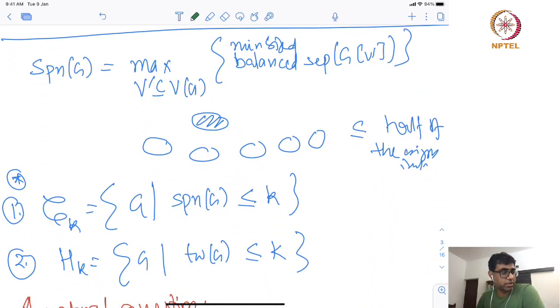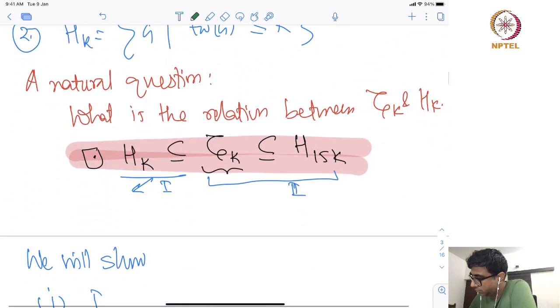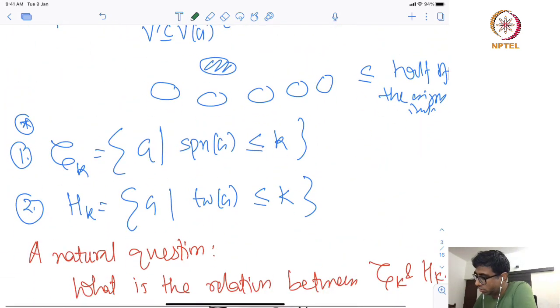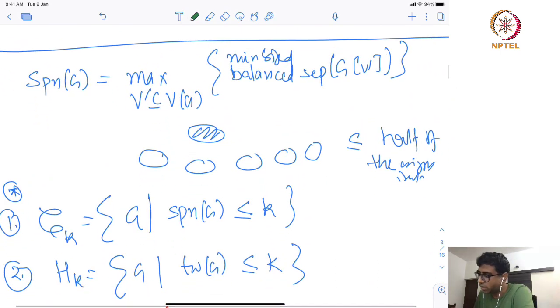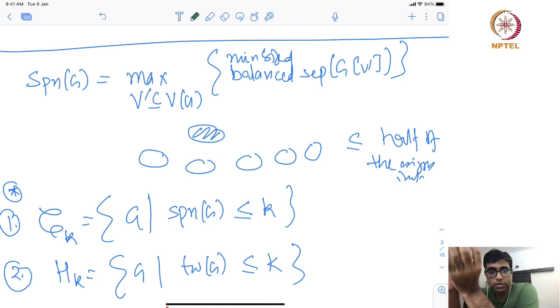The separation number of a graph being at most k means that if I give you any induced subgraph of G, then I can find a vertex set of size k whose deletion leaves every connected component with size at most half of the original graph.